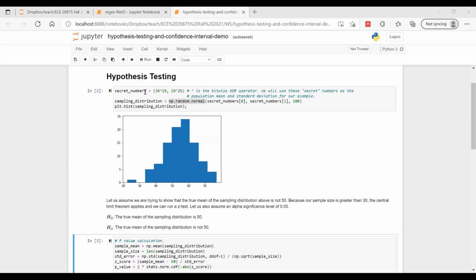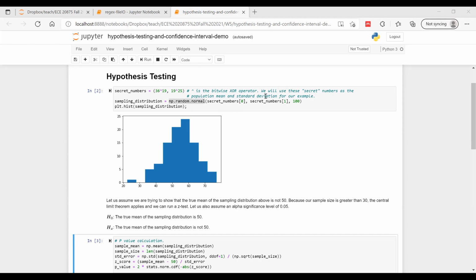We start by generating two secret numbers, because as I mentioned earlier during the class, there are a few bitwise operations we do not need to worry about in this class, but here we make use of one of these XOR signs, since we haven't taught what that function is about. So we get two secret numbers. We don't exactly know what these two numbers are.